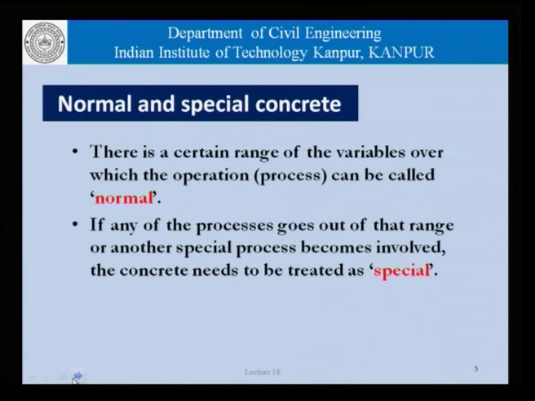For that, we need to distinguish between normal and special concretes, and as we have talked about earlier, there is a certain range of variables over which the operation can be called normal, and if any of the processes, be it the materials or the material selection, mixing, transportation, curing, placing, if any of these processes goes out of that range or another special process becomes involved, the concrete needs to be treated as special.